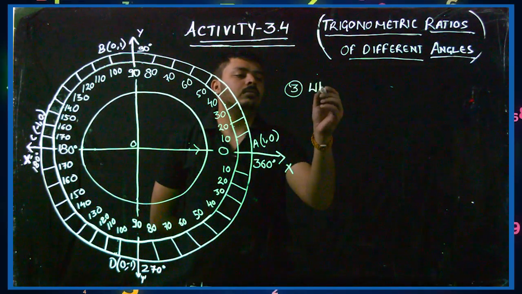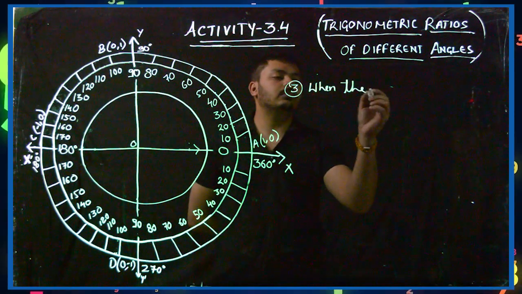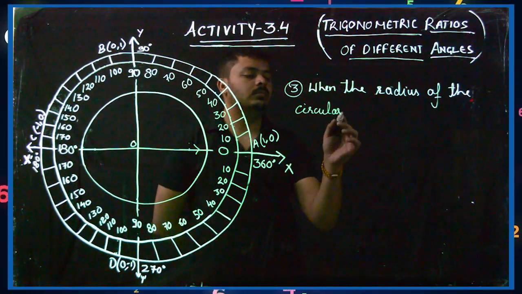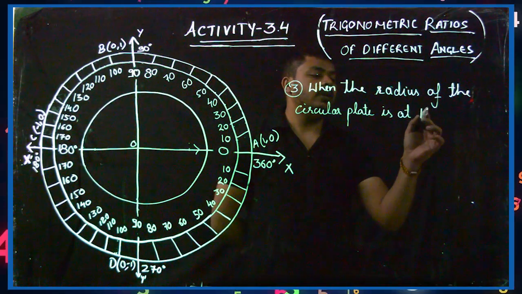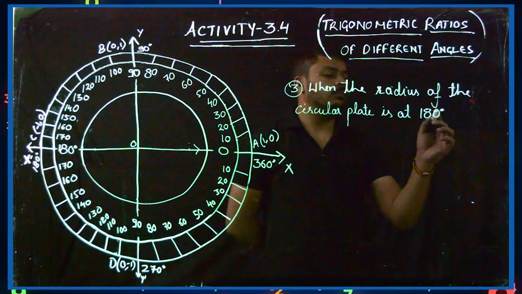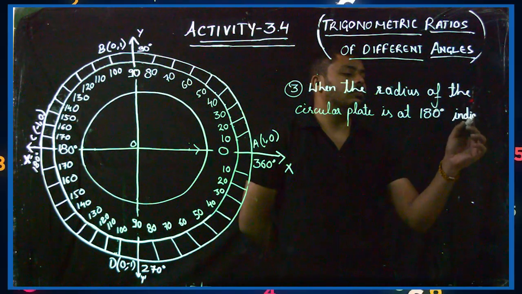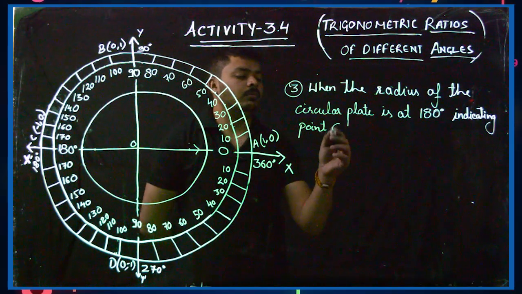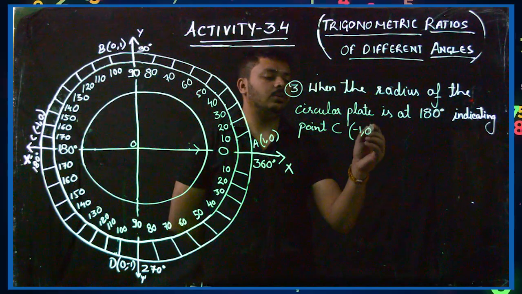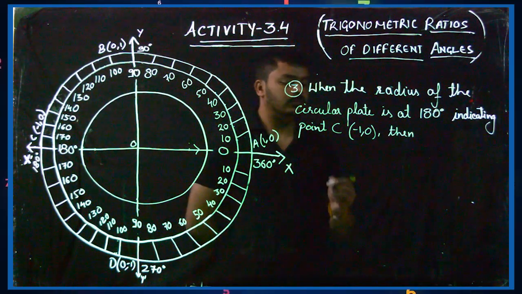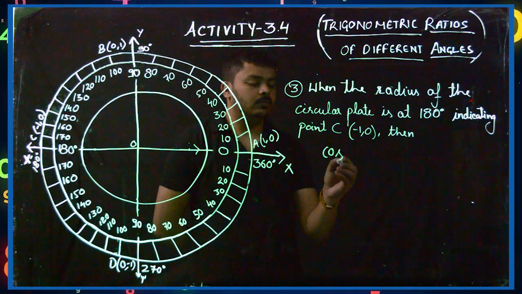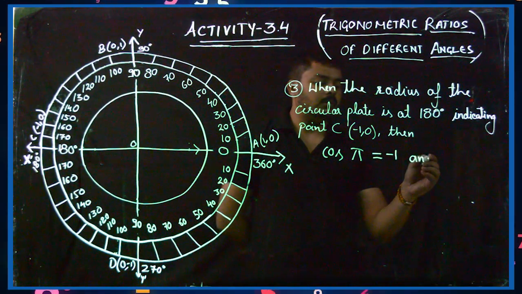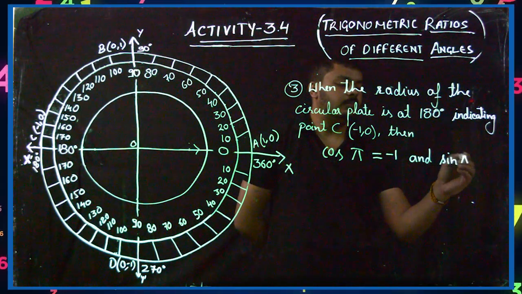Now, when the radius of the circular plate is at 180 degree, indicating point C (-1, 0), then cos pi is equal to -1 and sin pi is equal to 0.